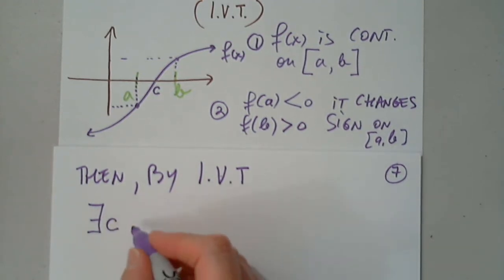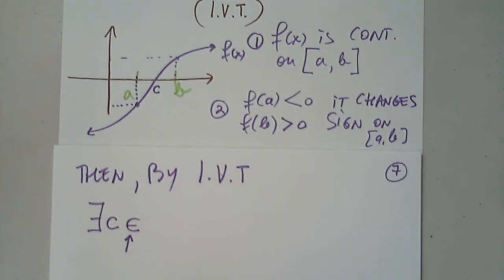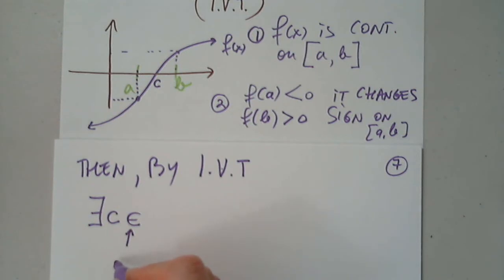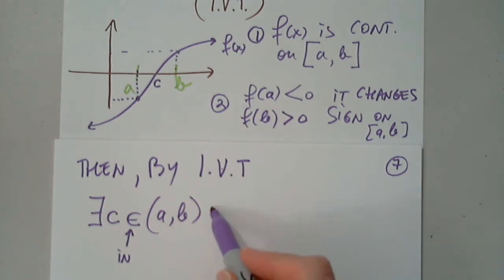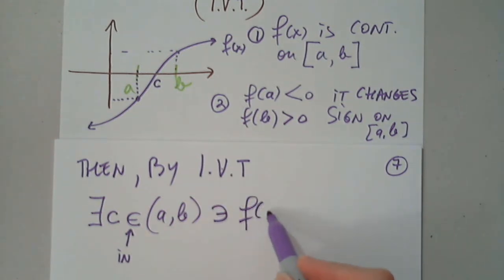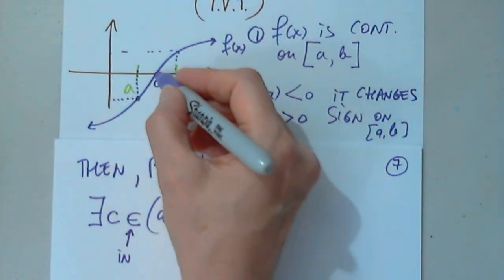This is another symbol that I did not show you before. There exists a c in the open interval a comma b, such that f of c is, look at the graph and tell me what it is. What does f of c equal?